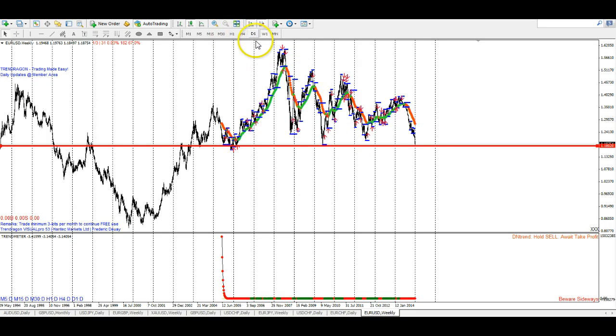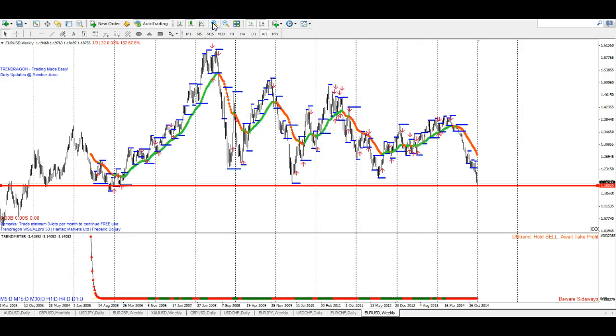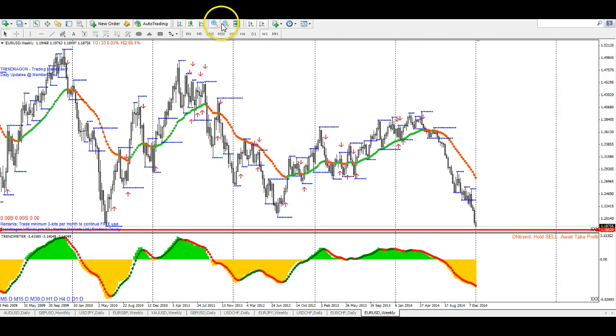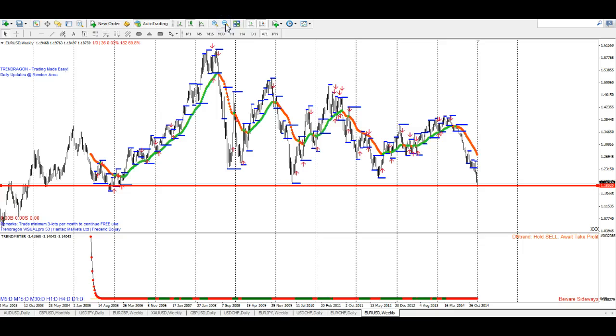Okay, so if you look at long-term trading at those levels, what you would want to do is be patient and wait for confirmation that the market is still going to come down and will actually break that level.